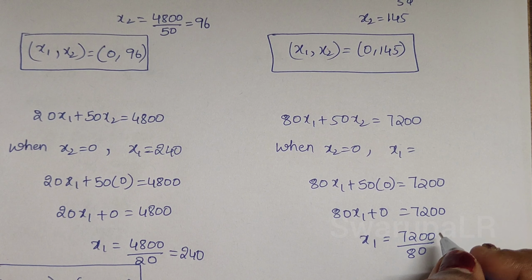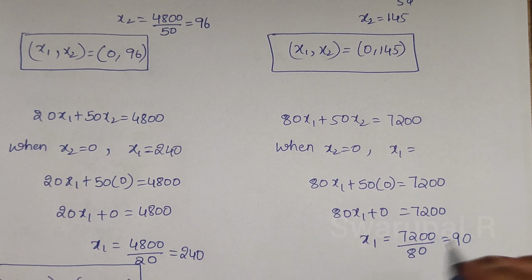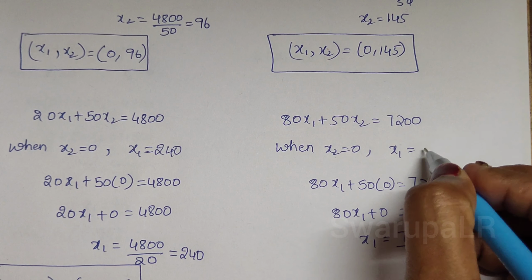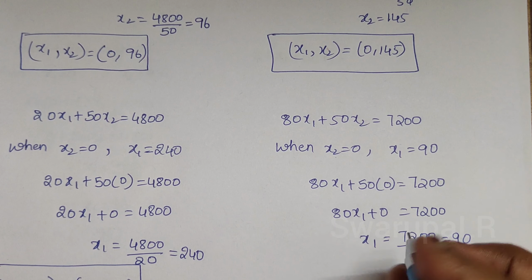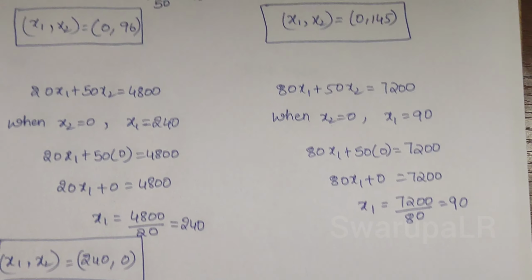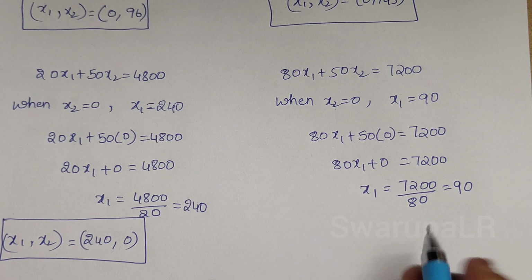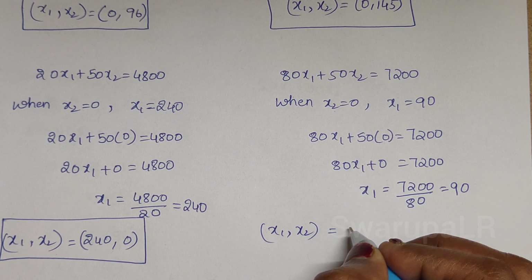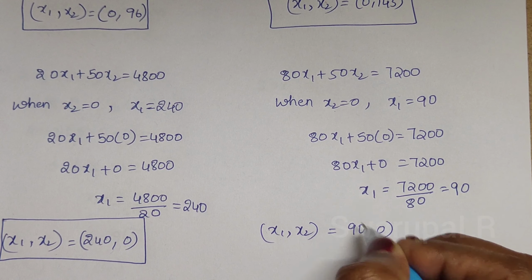We got 90. By assuming x2 is equal to 0, we got x1 as 90. So x1, x2 points are 90, 0.